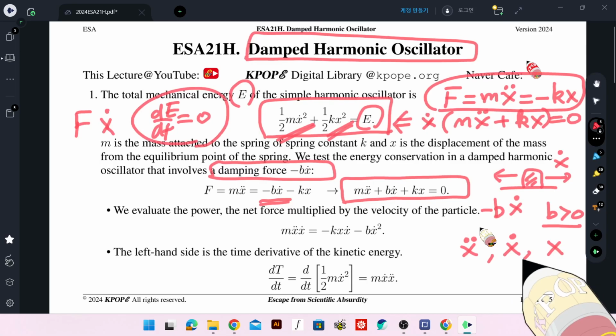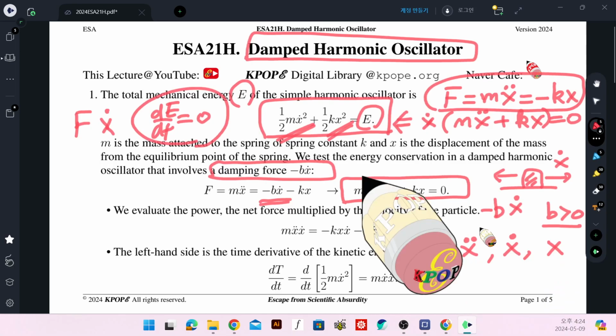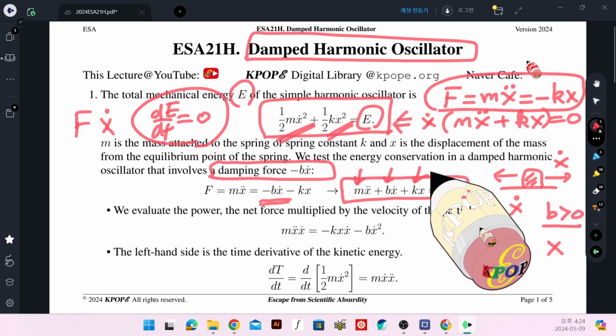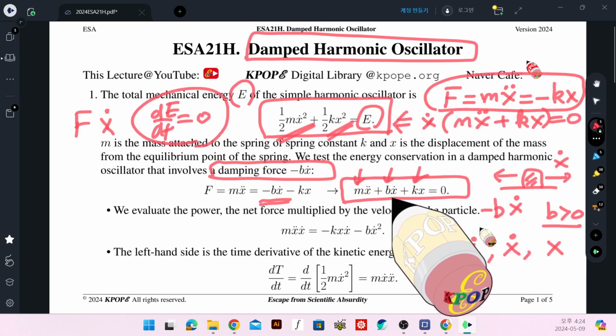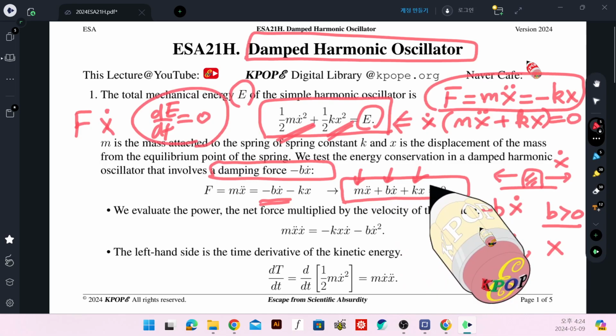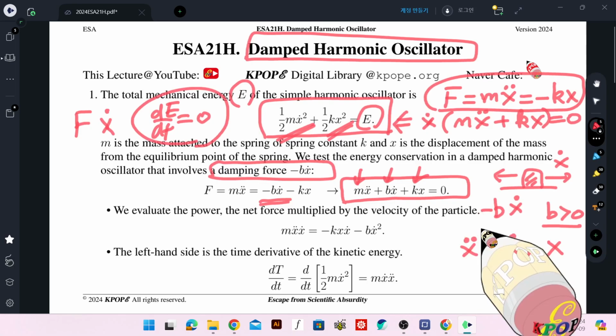Okay? So acceleration, velocity, and displacement. And the coefficients are all positive definite: the mass, the damping coefficient, and the spring constant for the restoring force.